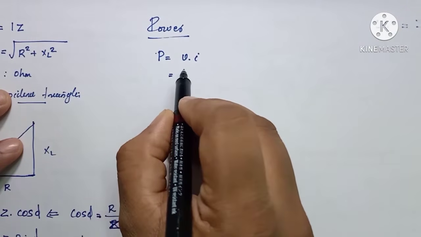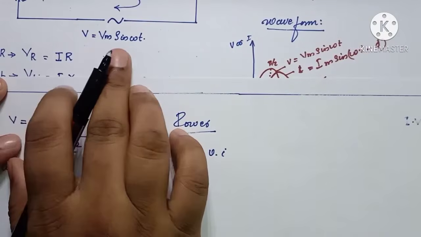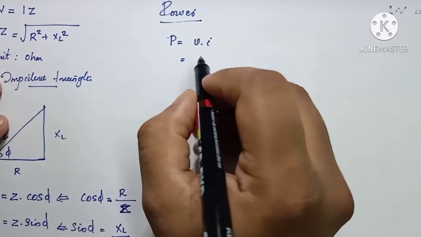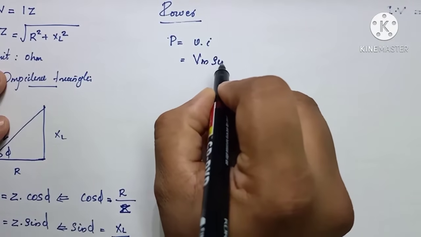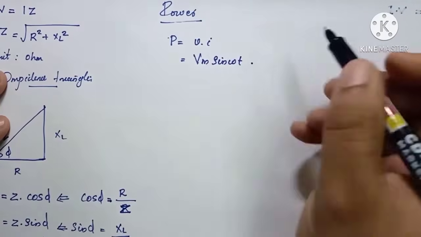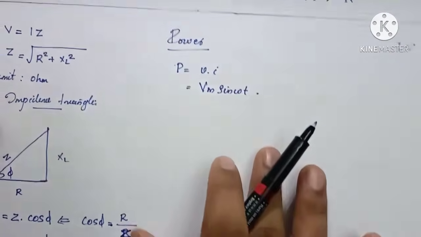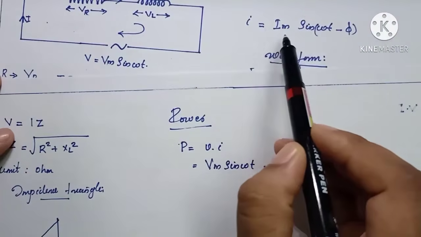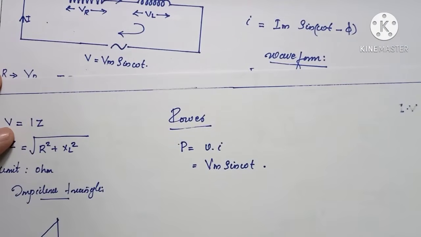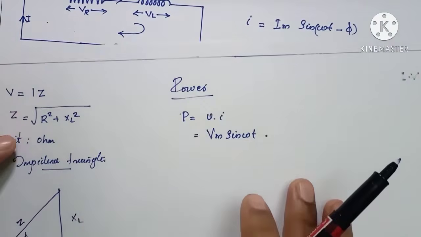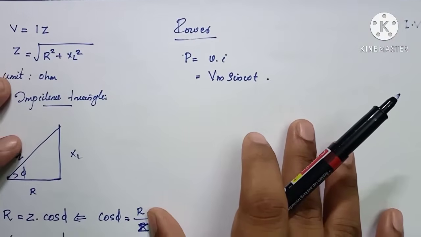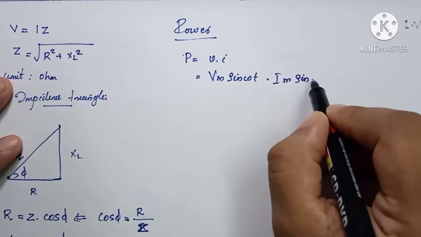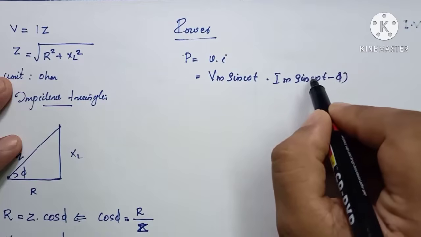The instantaneous voltage is V is equal to Vm sin omega t, into the current I is equal to Im sin omega t minus phi.